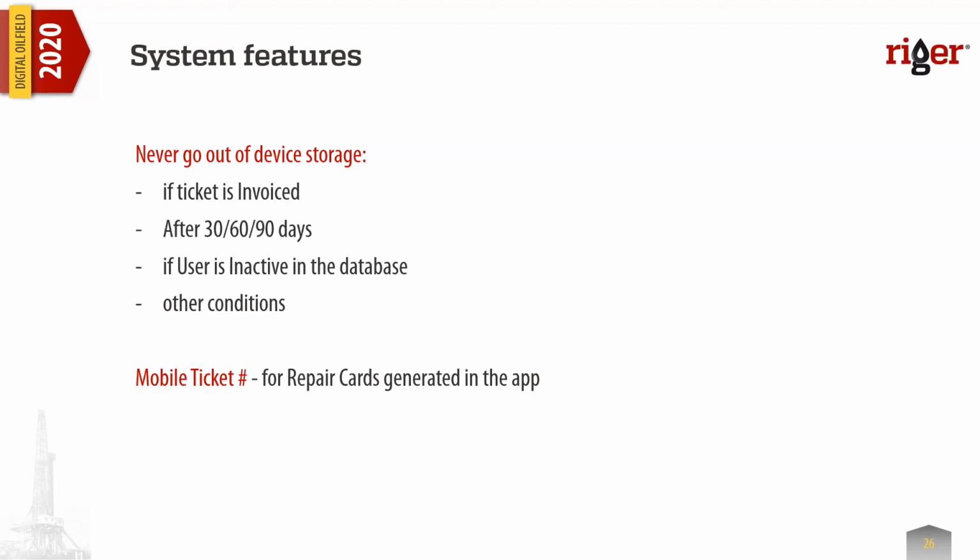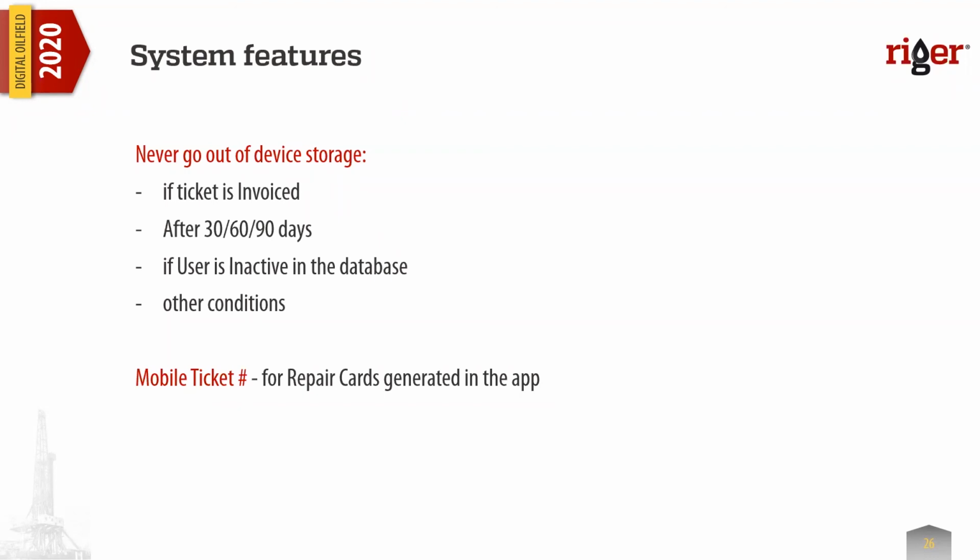So the field technician can communicate clearly to the dispatcher or the service manager which ticket number to look at, because until he synchronizes the application with the cloud storage, the service manager probably will not see the proper number. But with the mobile ticket number, it will be clearer to communicate the information.